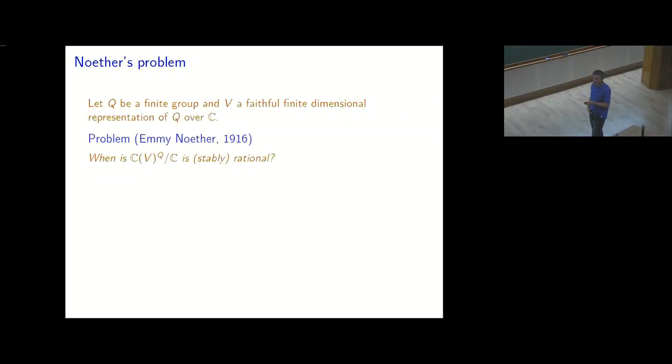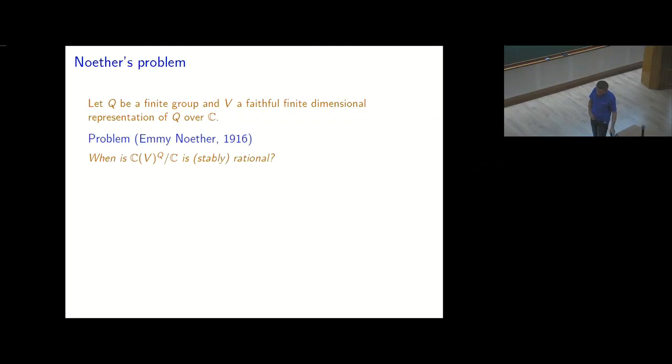And why is this unramified Brauer group so important? Well, there's a classical theorem in invariant theory, which is called Noether's problem. It says, suppose you have the same situation as before, and you take this field extension. Noether asks, when is this field extension stably rational?